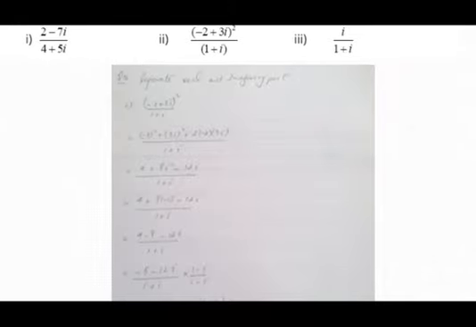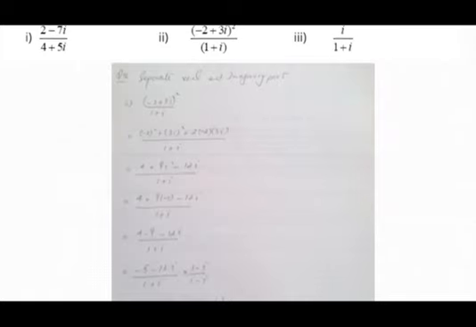Open the square: a square plus b square plus 2ab, and then simplify, because in the denominator there is a complex number. We rationalize it.